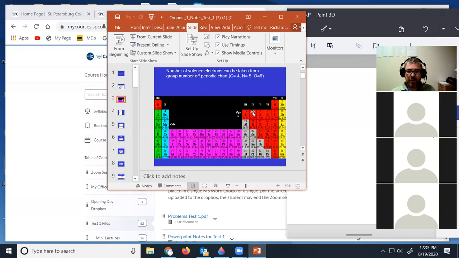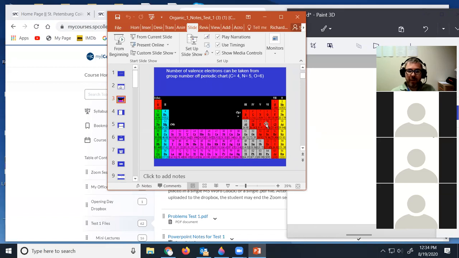Carbon, 4 bonds; nitrogen, 3 bonds; oxygen, 2 bonds; fluorine, 1 bond. And that's going to form the very foundation of every single structure that we draw in organic chemistry. So I'm never very happy when I see people put the wrong bonds on these very basic elements. That's something to watch out for.